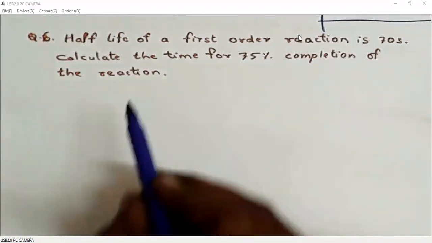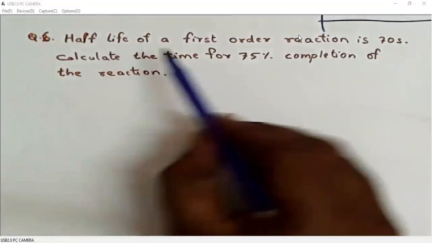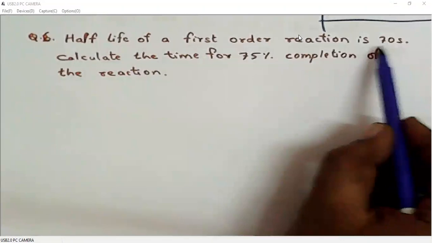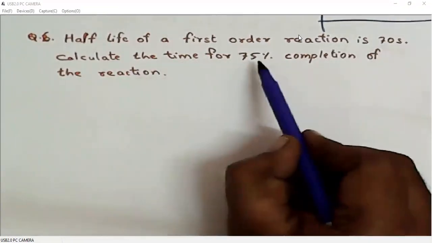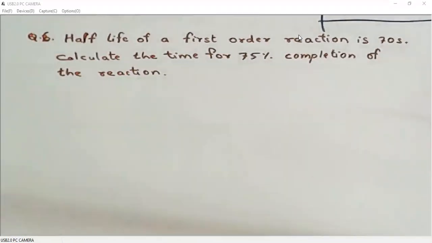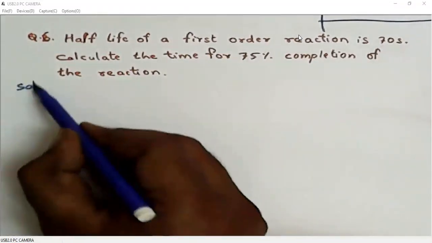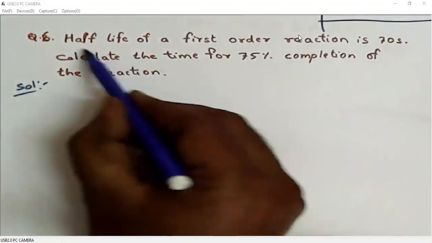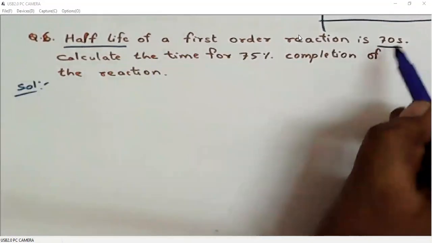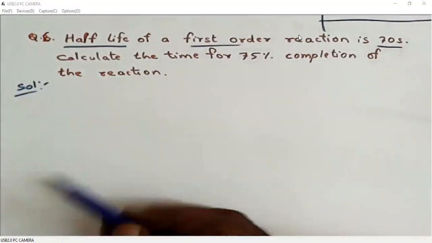The next problem is: half-life of a first order reaction is 70 seconds. Calculate the time for 75% completion of the reaction. How do we solve this? Right. First, it was given that half-life is 70 seconds for a first order reaction.